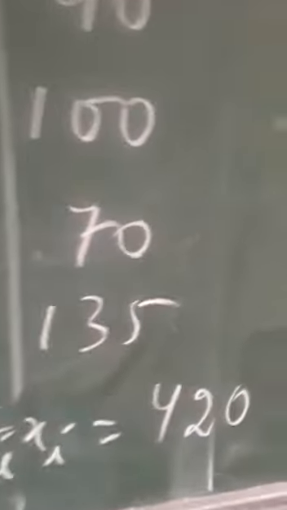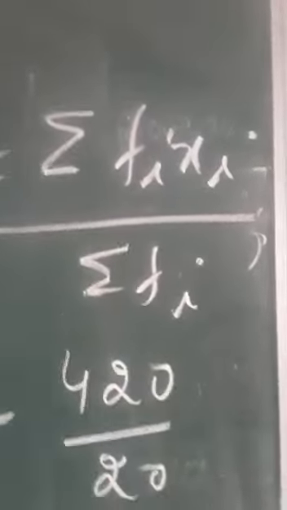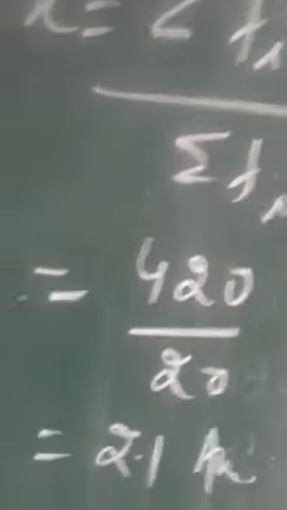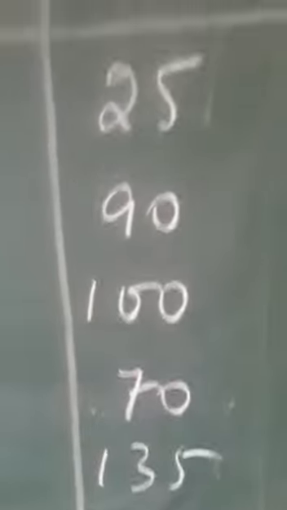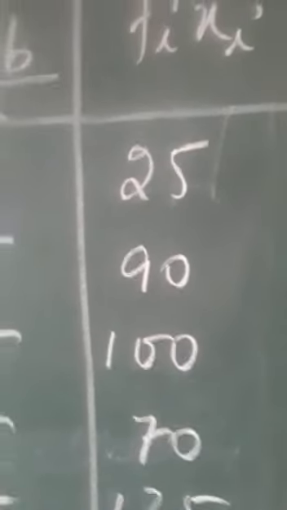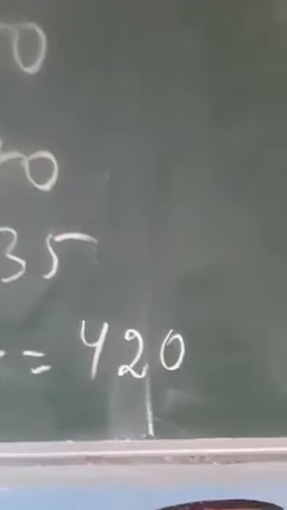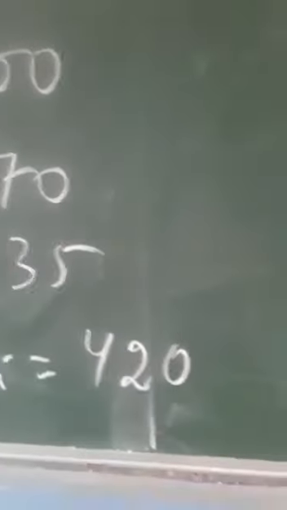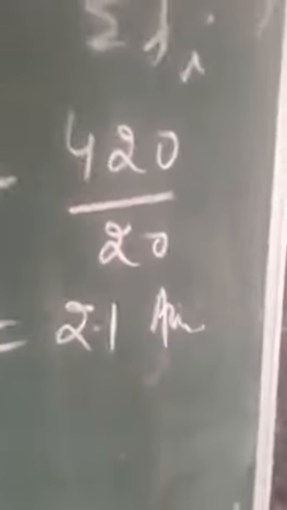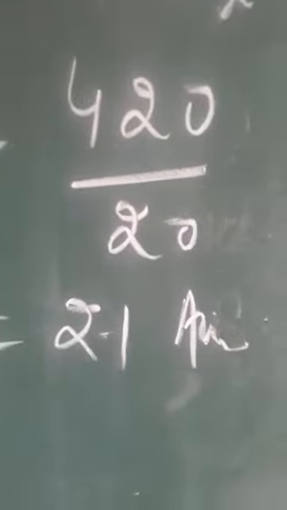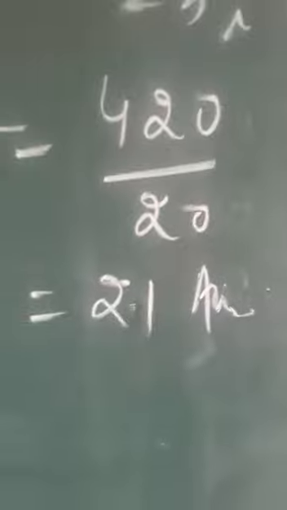To find the mean, we use the formula: mean, x bar, is equal to the sum of fi xi divided by the sum of fi. The sum of fi xi, obtained by adding 25, 90, 100, 70 and 135, is 420. Now 420 divided by 20 gives us 21. It is not 2.1, it is 21.